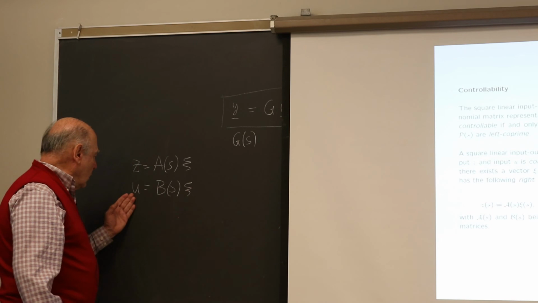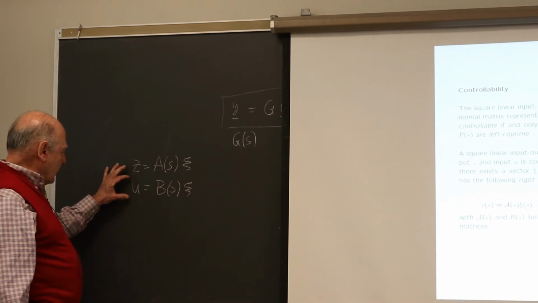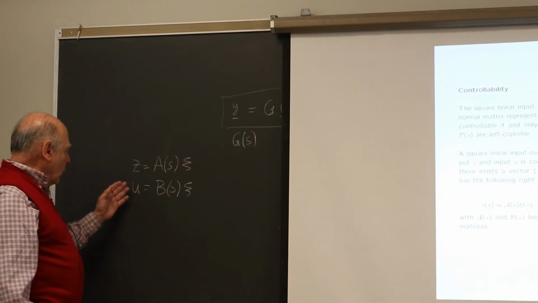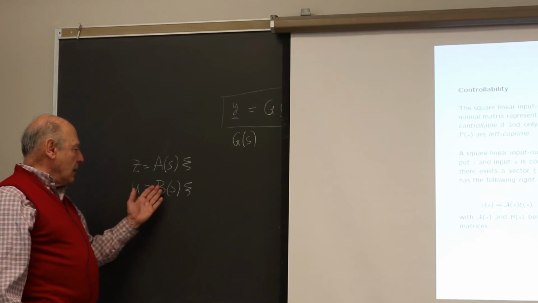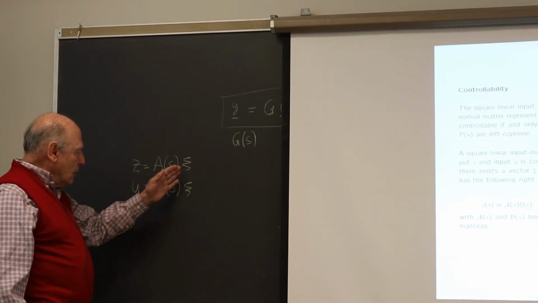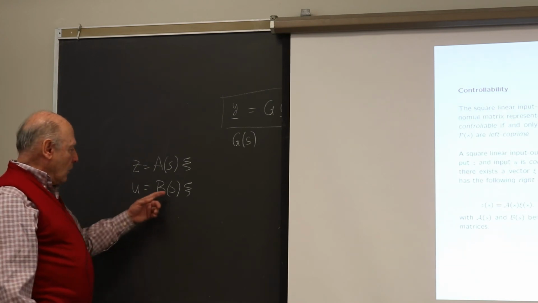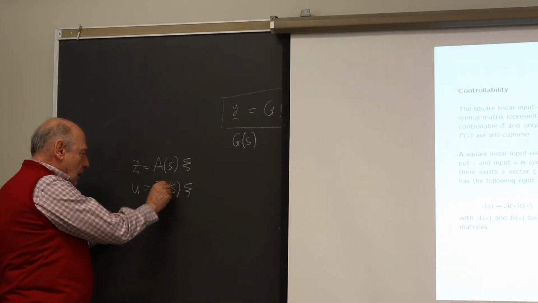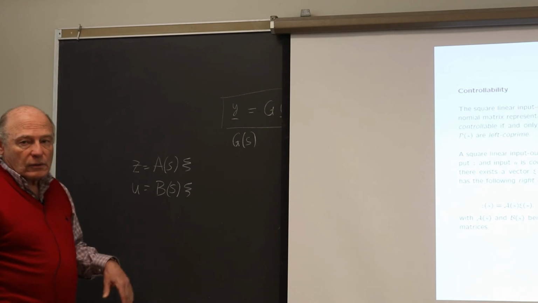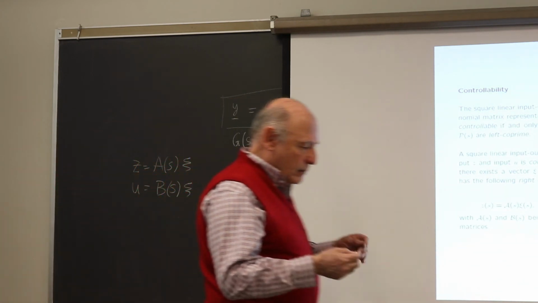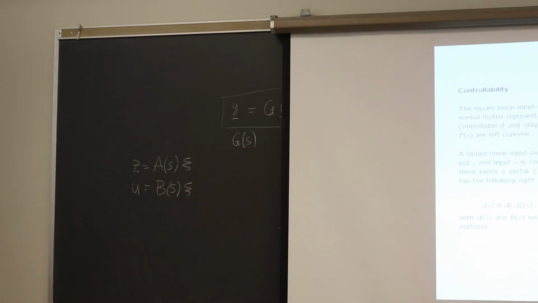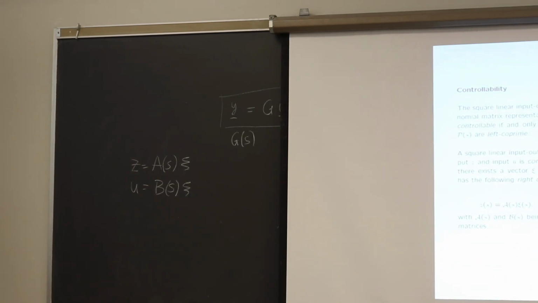And that u is a vector of m components, in which each component can be expressed as a differential polynomial in the elements of c. Because this B(s) is the transfer function, the frequency domain representation of a differential polynomial on each one of its entries.